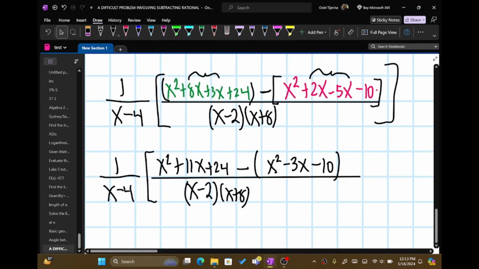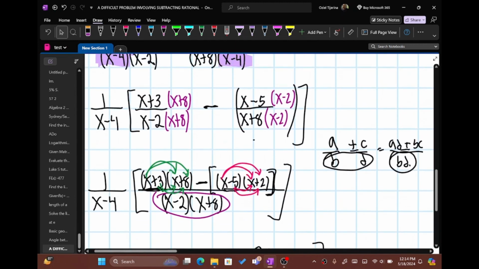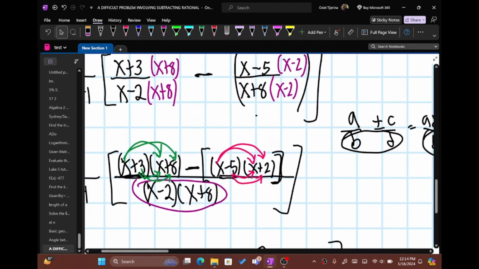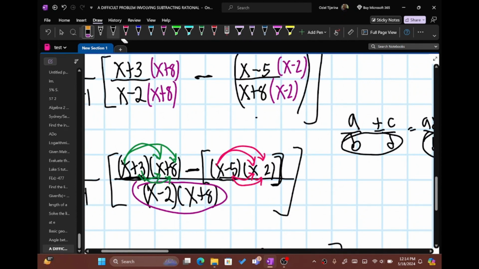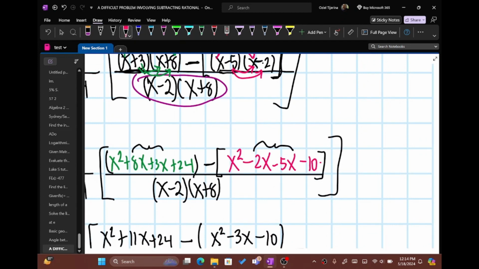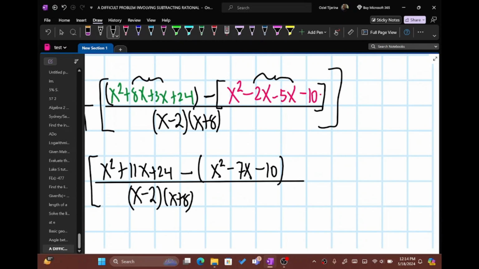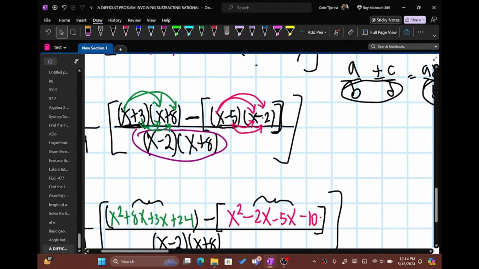Give me one second, guys. Hold on. I'm sorry, guys. Oh my god, I made a mistake. This is supposed to be minus 2. I'm so sorry about that. So that changes. This is going to go minus 2x minus 5x. So really, it's going to be minus 7x. So I do apologize for that typo.